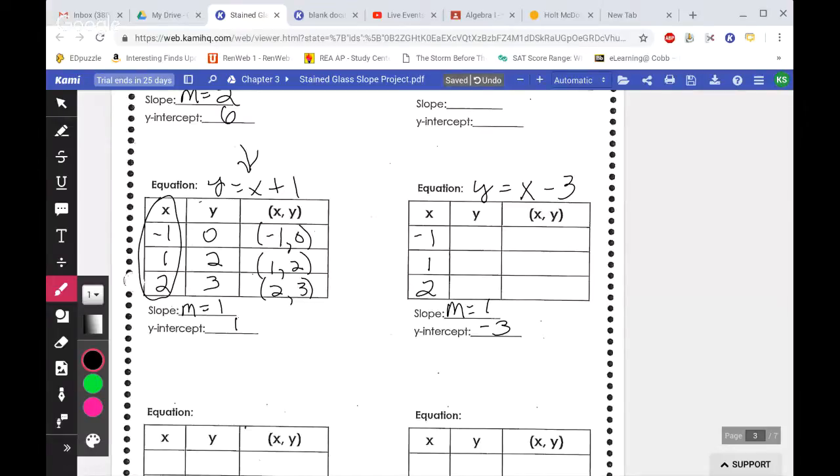Once again, I'm just picking 3 very simple numbers because I don't want to work with big numbers, number 1. And number 2, I want my math to just be simple so I can work through it relatively quickly. Does that make sense? Yeah. So I got -1 minus 3. So -1 minus 3 is -4.